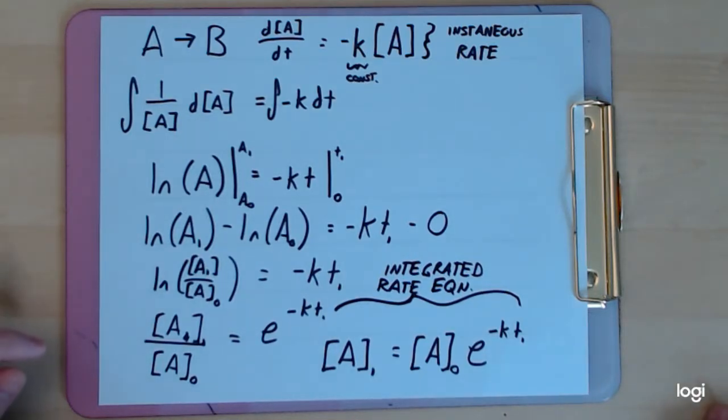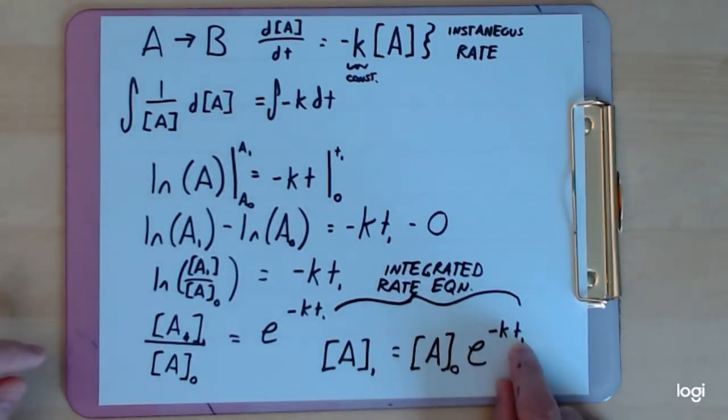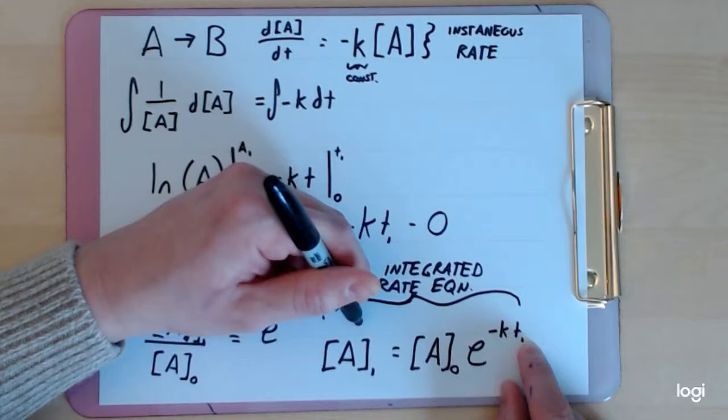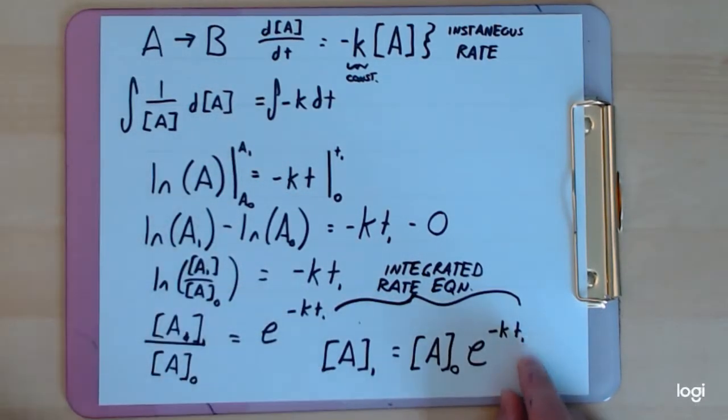So if I know what my initial concentration is, and I know the rate constant, I can just plug those values in. I can pick some arbitrary time in the future, which should be in the same units as k is in. So if k is in units of seconds, I can just plug in 300 for t1 and calculate this out, and this gives me my concentration at 300 seconds. So, very useful equation.